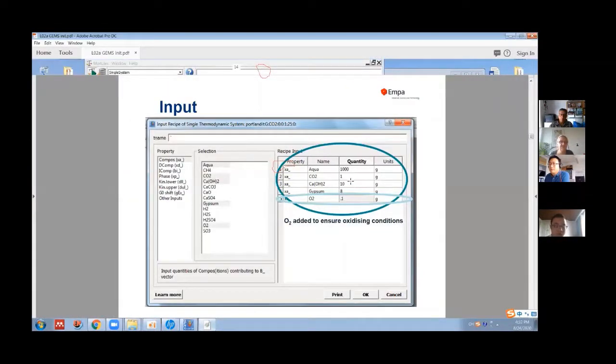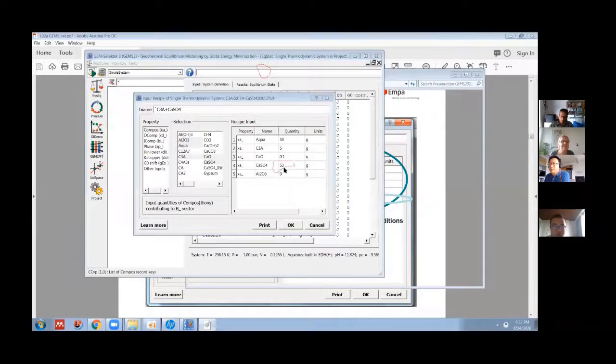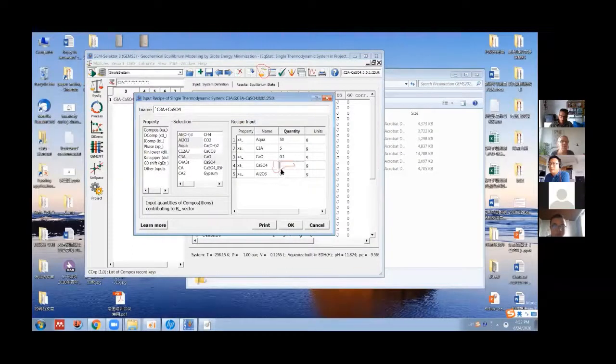Anybody can help her with what she has to put in? Okay, you should have 2.52 calcium sulfate, 2.5 calcium oxide, and 0.1 oxygen. Oxygen you will find if you... Yes, exactly. 0.1.